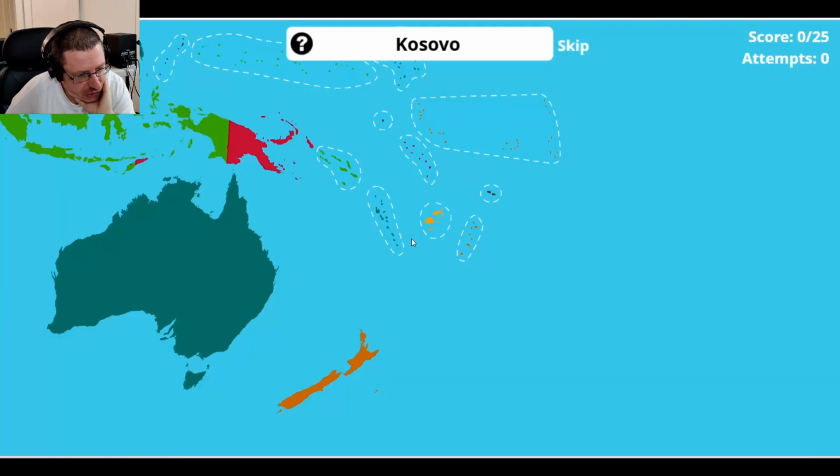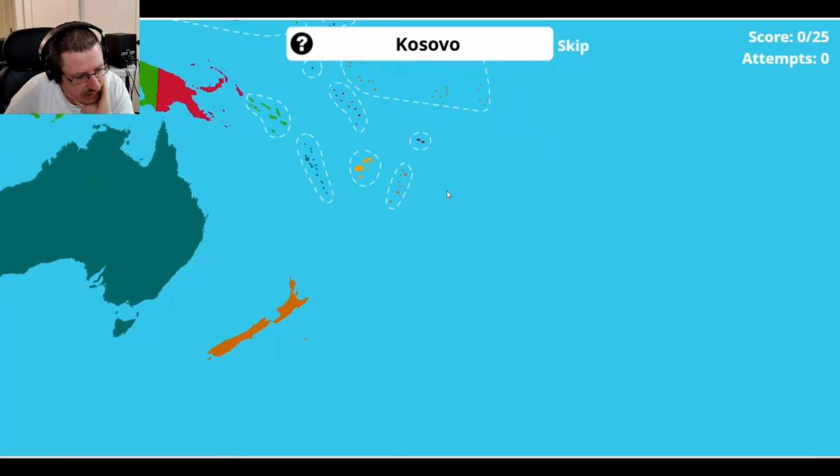Niue, it's a little chunk. If this is Nauru, and that's Samoa, Niue has to be around right here. Or it might be right here. No, this is Samoa. So Niue has to be right here.